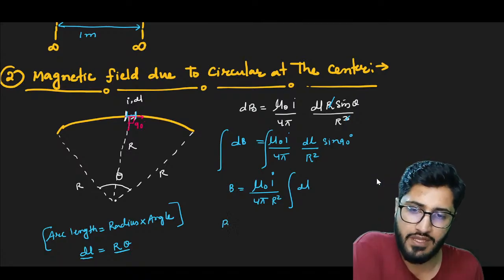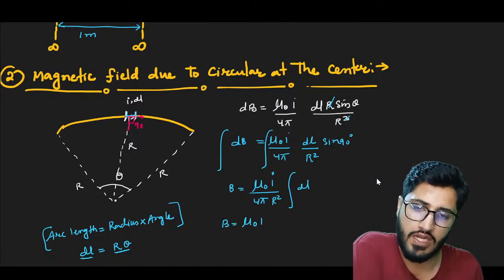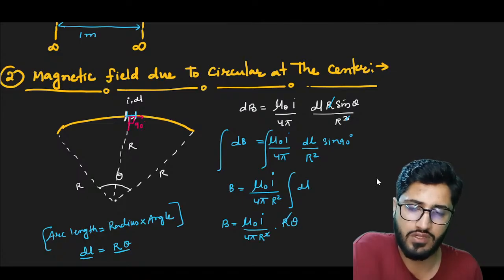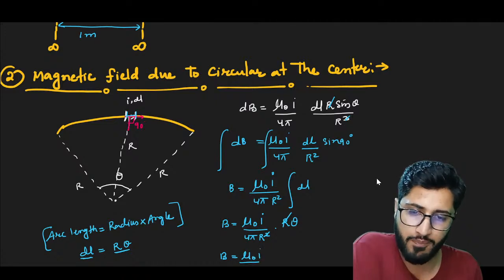So can I write now B equals mu naught I divided by 4 pi r square multiplied by r theta? Yes, sir. r cancels out. So my net field at the center will be mu naught I divided by 4 pi r into theta.